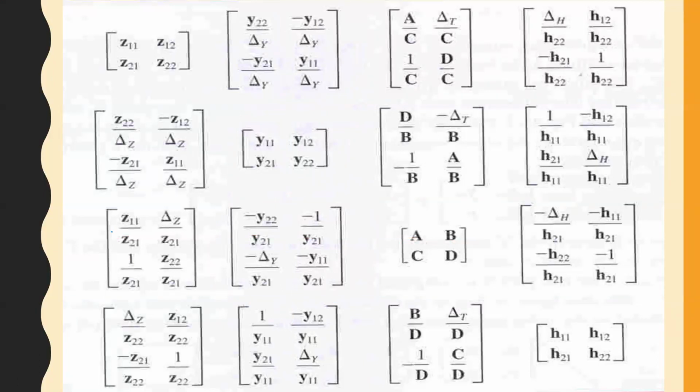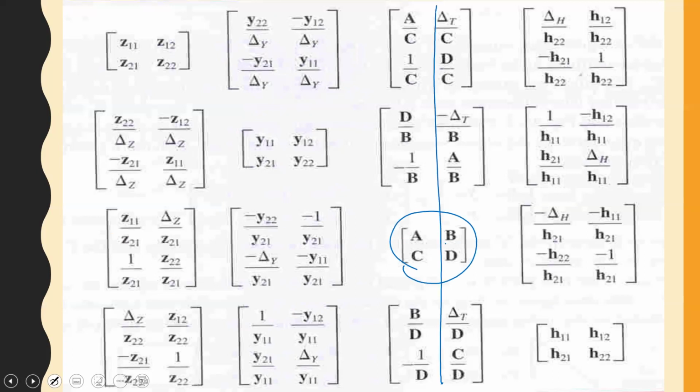All right, tell me which parameters you want to convert from. Just tell me the setup. Transmission. All right, so you want to move from transmission. So here are the transmission parameters. I'm going to move vertically.